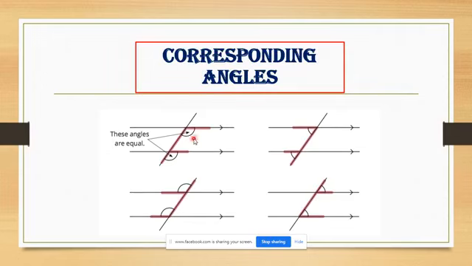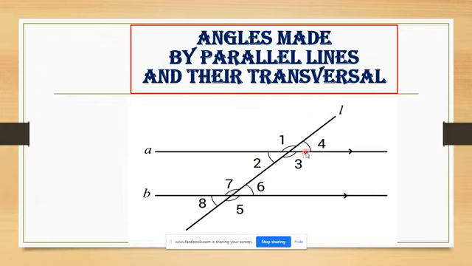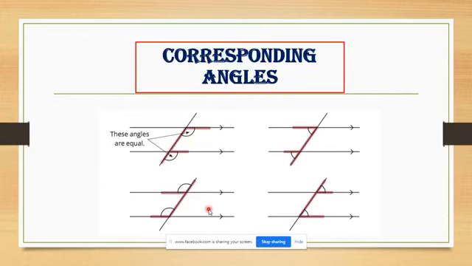Now, we see there are 4 angles here and 4 angles here. So, we will see now corresponding angles. See carefully, these are 2 parallel lines and 1 transversal, but you will observe the right hand side of the transversal and the lower part of the parallel lines.